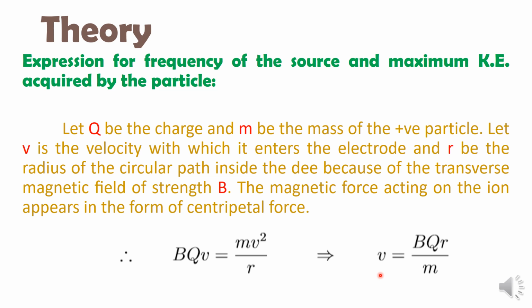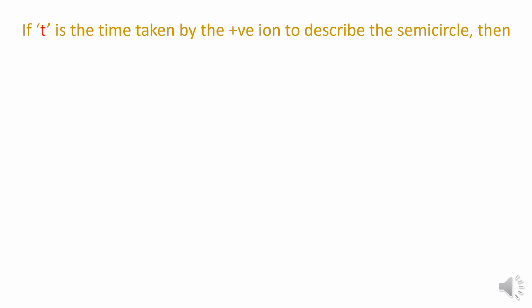Now here you observe that the velocity of the particle is inversely proportional to the mass. This is the expression for the velocity of the ion. If t is the time taken by the positive ion to describe a semicircle, then you can write t as distance travelled by velocity.